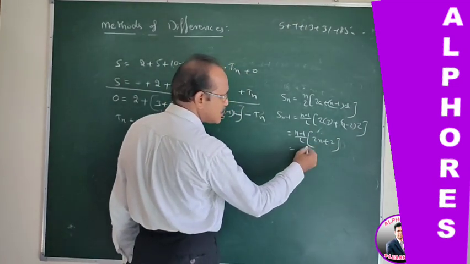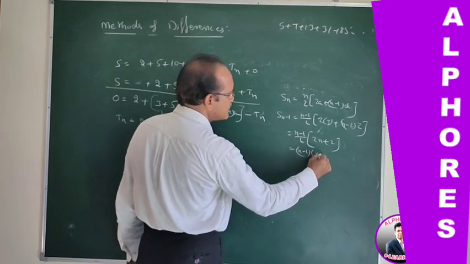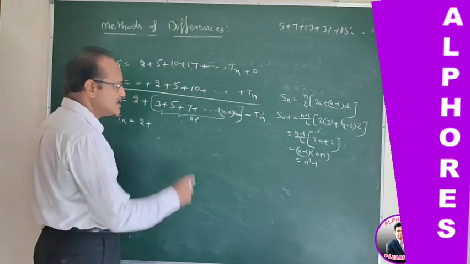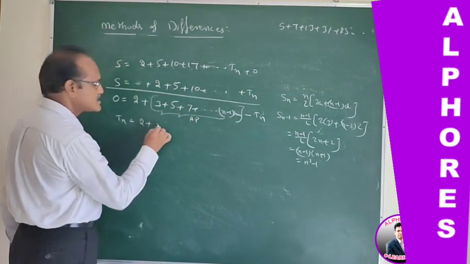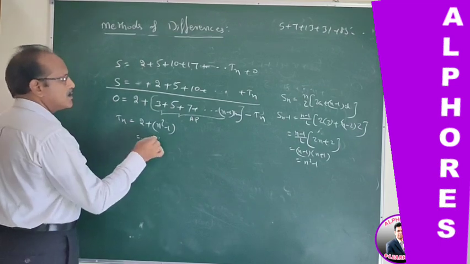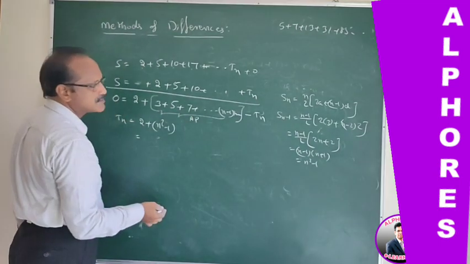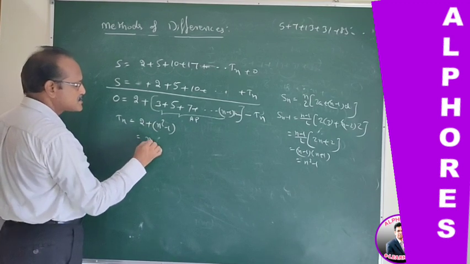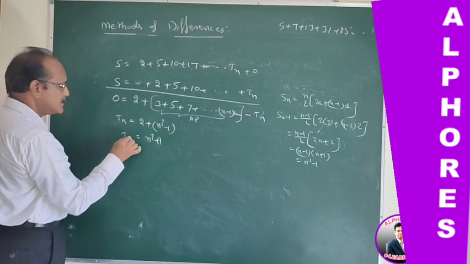The 2 gets cancelled, a common term. That is n minus 1 into n plus 1, that is n square minus 1. So this total summation is n square minus 1. Finally, n square minus 1 plus 2, that is n square plus 1, is the nth term.